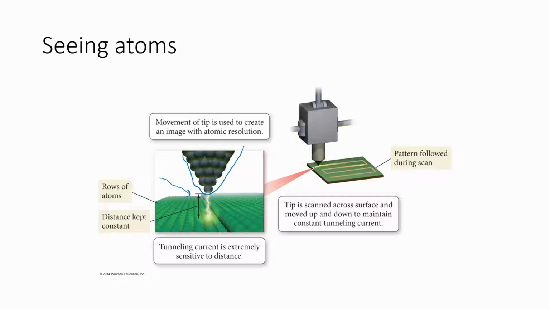It will adjust the distance of the tip, record the fact that it had to adjust, and get back to the original level of current. So effectively you create a map of heights of a particular surface, and the resolution is high enough that you can see individual atoms in that surface. Let's take a quick look at a video to see how that works.